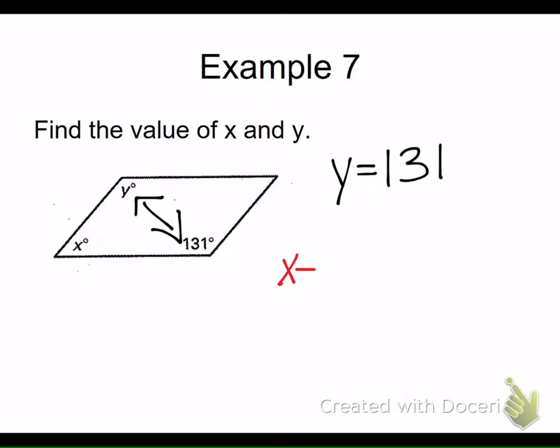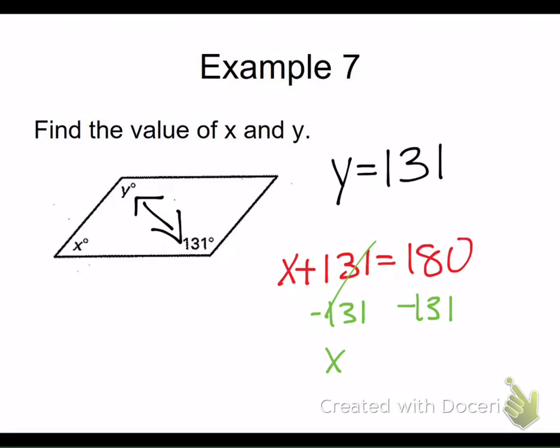I know that consecutive angles are supplementary. So when I add those two, I should get 180. Now, this is where we just subtract. And what does the X equal? 49. Very good.